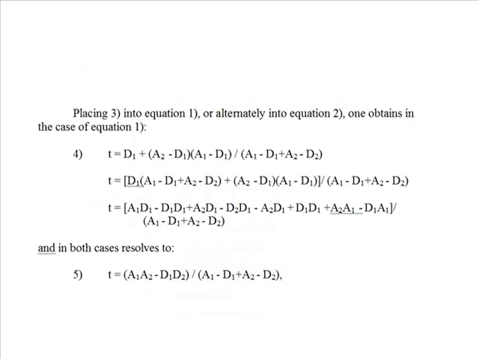And it turns out the time is determined by the product of the arrival times minus the product of the departure times, divided by the total length of journey for each train, that is the arrival times minus the departure times.